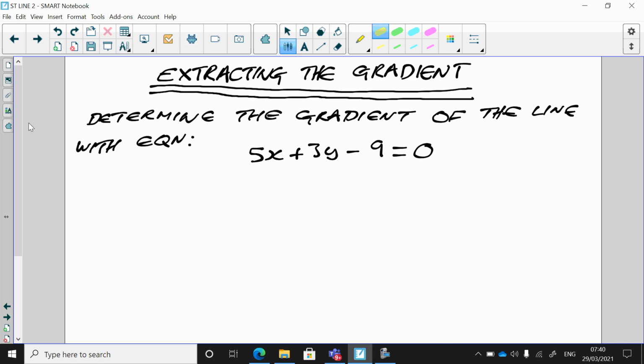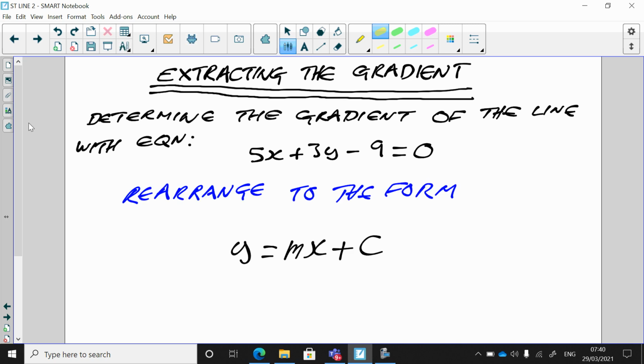So that looks as if it's in a general form there. It's not in a form where we can readily take out the gradient, so we have to put it into a form. So y equals mx plus c, that's really the form I think we're heading towards here, because the number in front of x is the gradient, i.e. m.